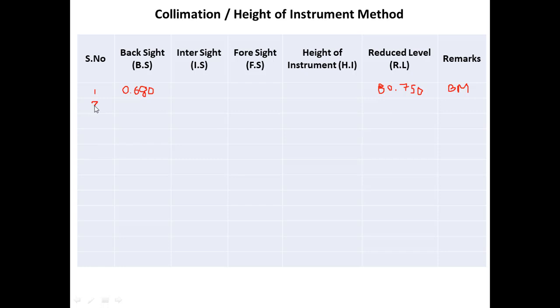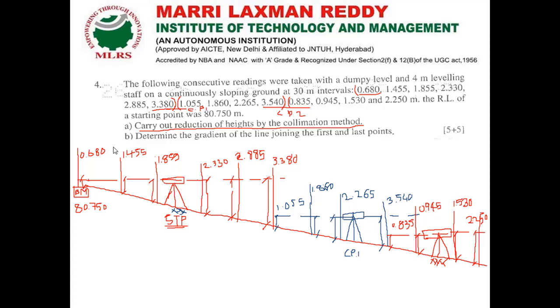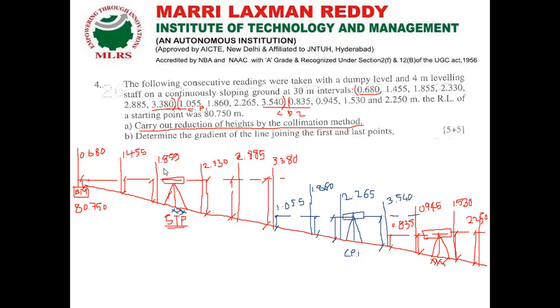So next reading, 1.455, which is at intersight. So next 1.855.